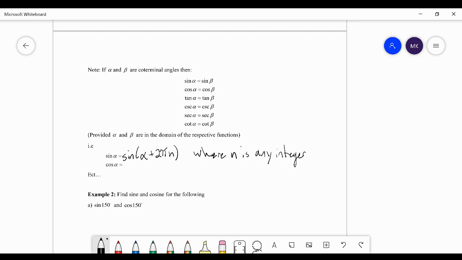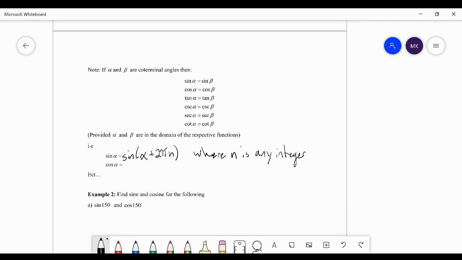Okay, so what this is just saying is, 2 pi n is just giving us a full rotation. So if n is 0, then we get alpha just being whatever it is. If n is 1, then it's go to where alpha is and then do one full rotation around. If n is negative 1, it's go to alpha and then do one full rotation backwards.